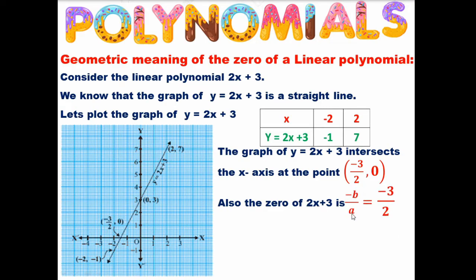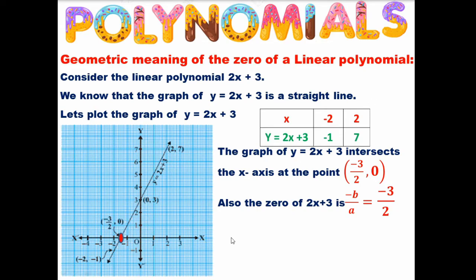Just now we have seen the relation, isn't it? So, seeing that minus b by a, it's minus 3 by 2. So, whether you use the formula, you get the 0 to be minus 3 by 2, and graphically you see the straight line intersects x-axis at minus 3 by 2. So, this point is the geometric meaning of 0 of a linear polynomial.